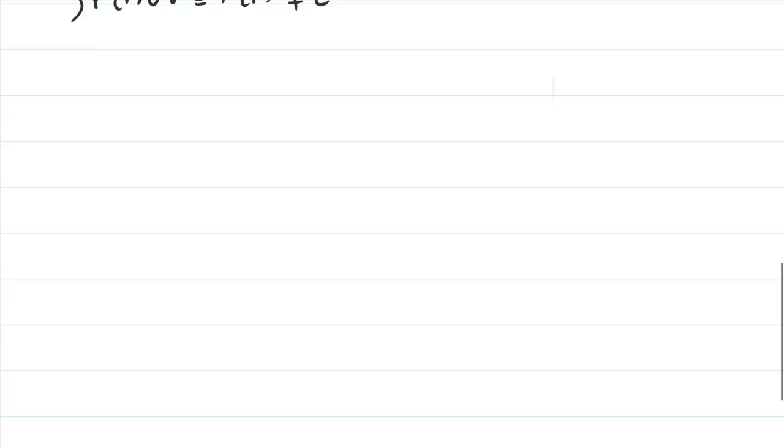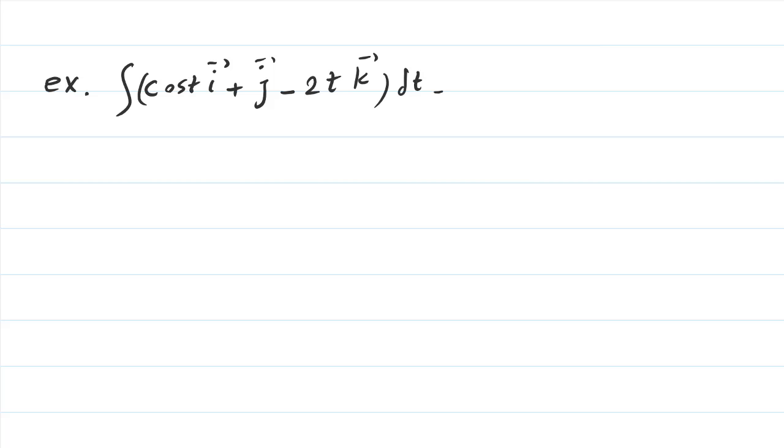Look at this example. We have integral of cosine of t i plus j minus 2 times t k with respect to the t.